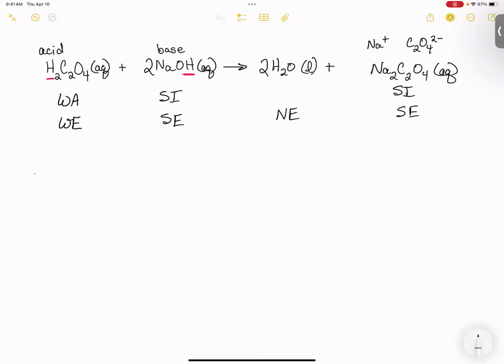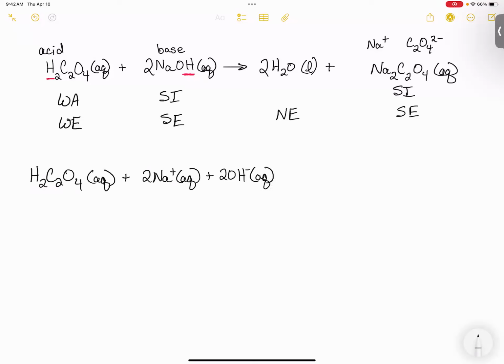So this oxalic acid, it just comes straight down into the complete ionic equation. The sodium hydroxide, however, does get dissociated into its ions of 2 sodium ions and 2 hydroxide ions.